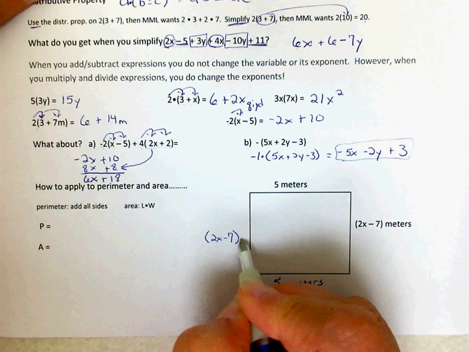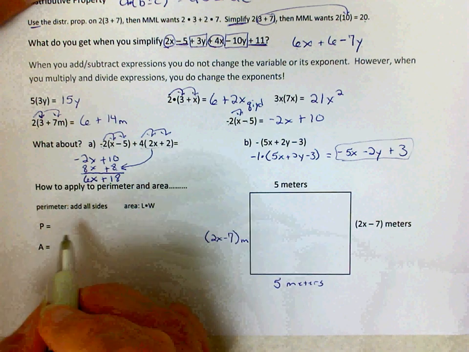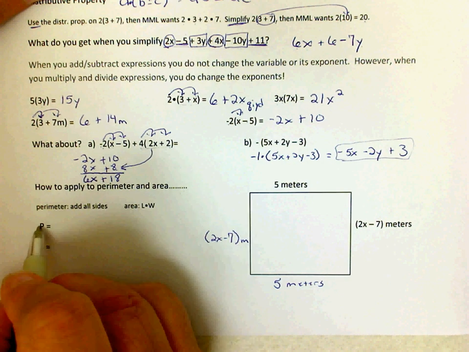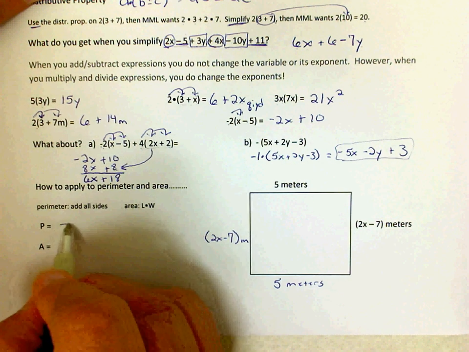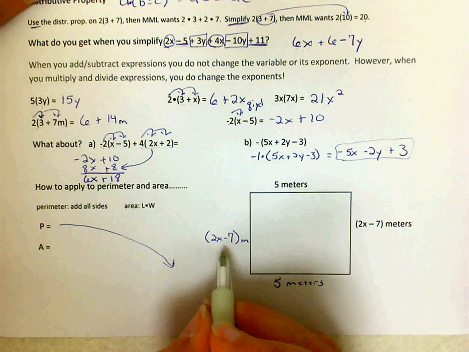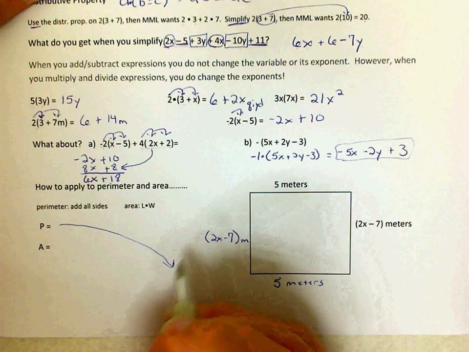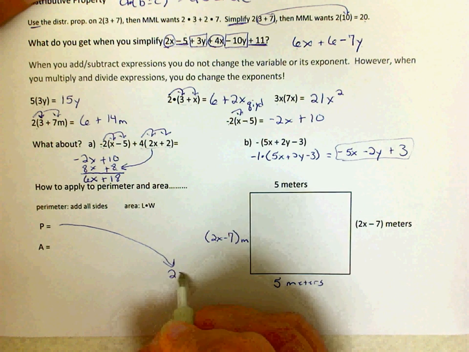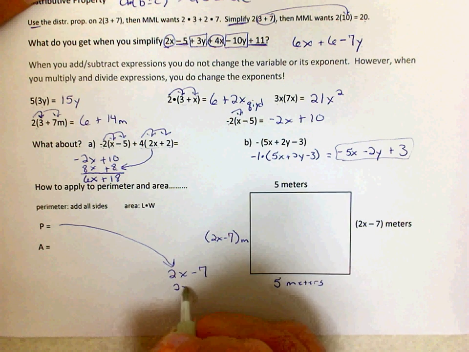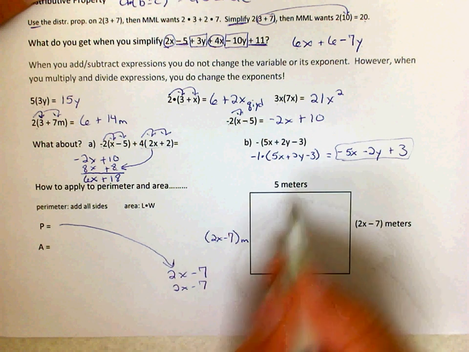So what I do, and I'm actually gonna bring my perimeter down here for right now. I'm gonna start with the ugliest part. 2x minus 7 plus 2x minus 7 plus 5 plus 5.